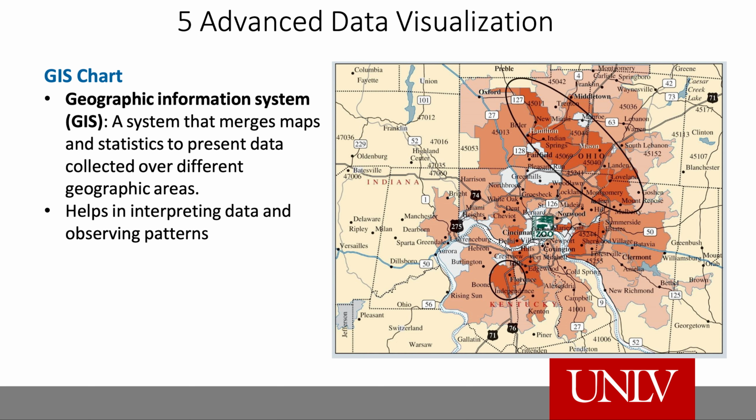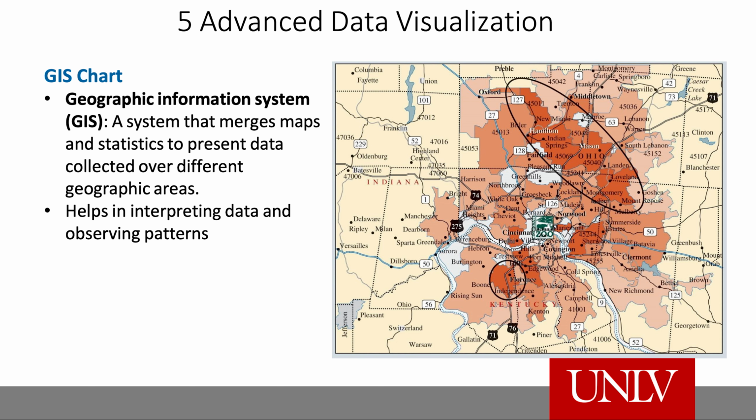When we put that information on the map, it becomes much easier to see patterns and relationships that might be hidden if we were only looking at tables or charts. One of the most common ways to do this is through a choropleth map, which uses shades of a color to show differences across regions.